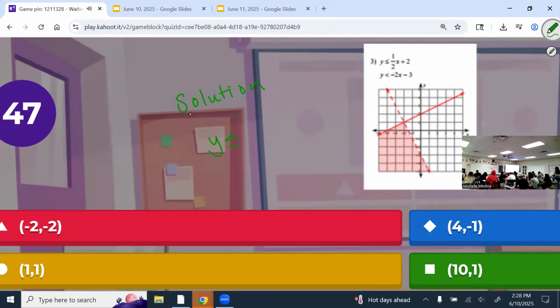The system is y less than or equal to 1/2 x plus 2 and y less than -2x times 2.